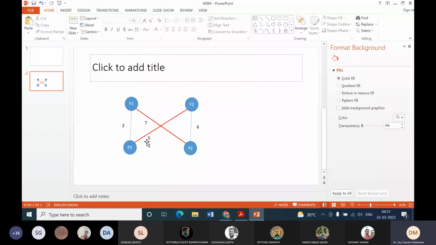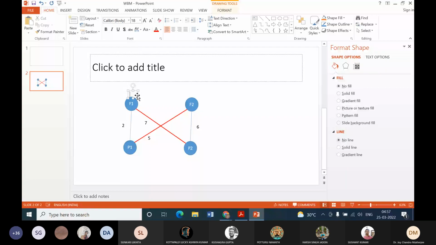It may give more. Say for example, to stop farm 1, it has given 5. So this is also 5. This is 5.